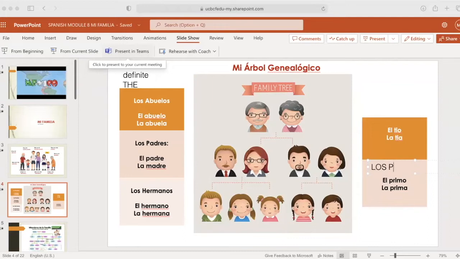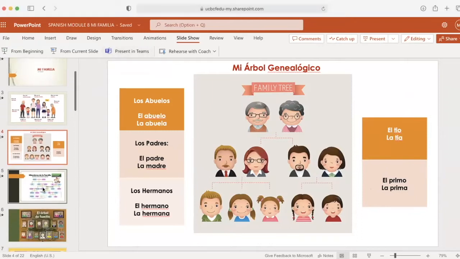Los primos. Right. So they are now your cousins or los primos. Okay. So now we have new family members. We have tío, tía, and your primos.